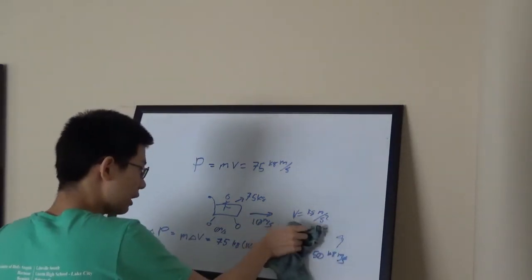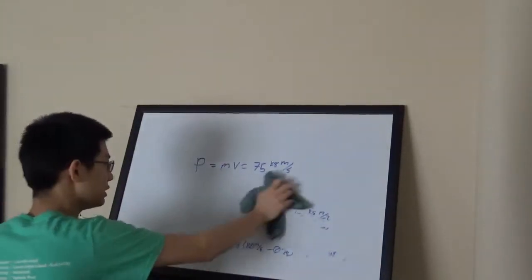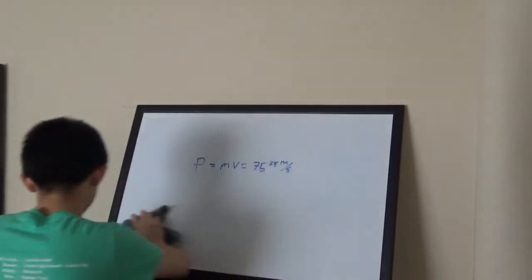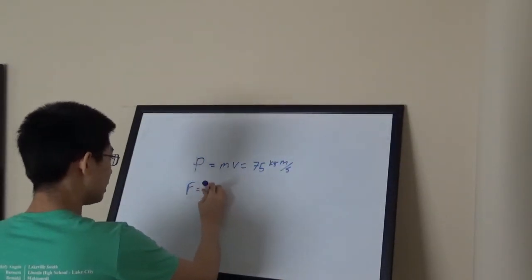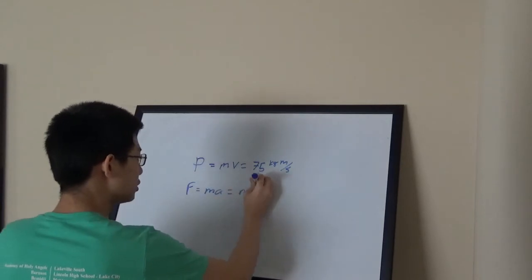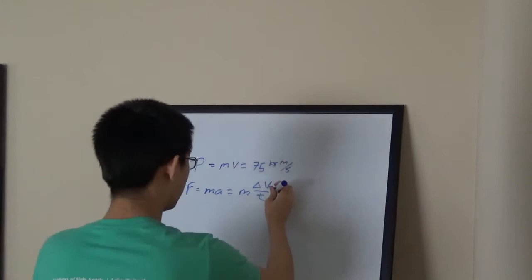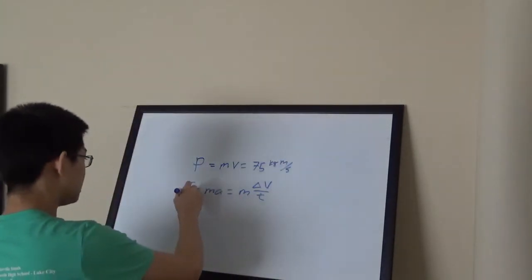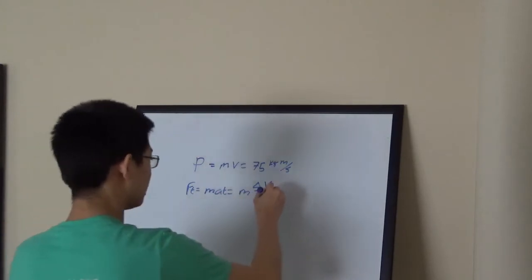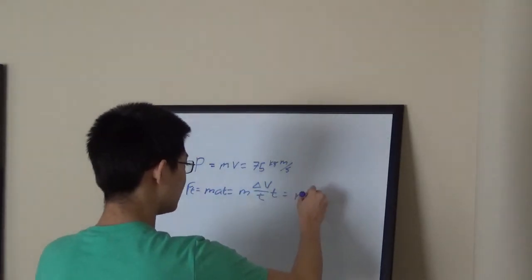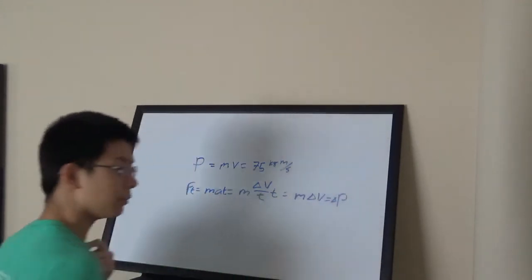So let's actually look at what F is. F equals ma, and a is equal to change in velocity over time. That means F times t is ma times t, and the t cancels, so I get m delta v, which was my formula for change in momentum.